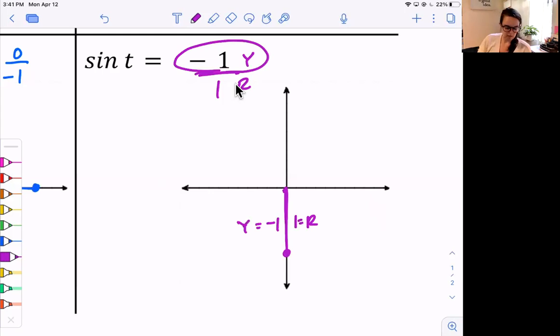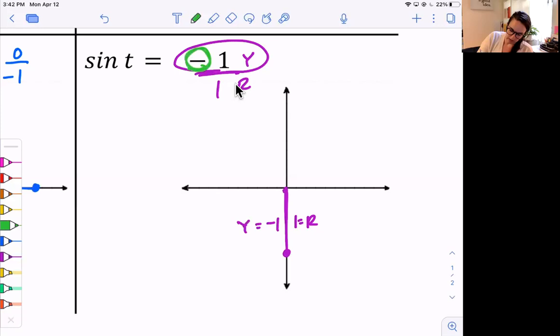And you might be saying, okay, but where's the second one? The only other place it could be is here, but that r is 1, and the y here would also be positive 1. This has a negative here. So the only place that it could be is where that purple one is.